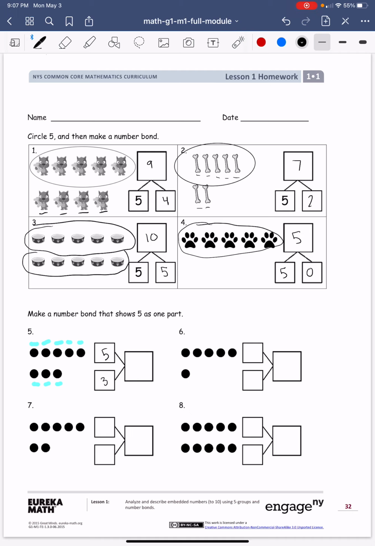Okay, so 5, 6, 7, 8. The answer is 8. So 5 plus 3 is 8. I'm going to give you guys a second just to write 8 in the little box before I do it, because I want to see if you guys can actually do it without me right now, because it will help you understand the subject more.